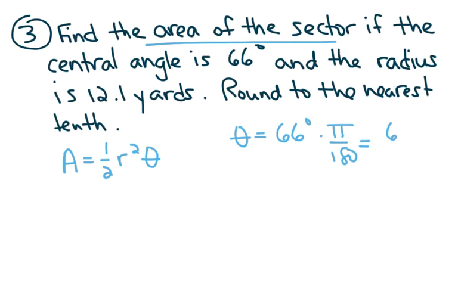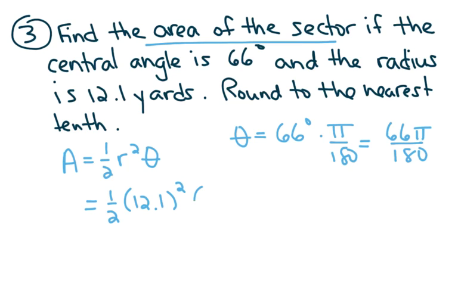Here's the thing. You actually don't need to reduce it before you plug it in the formula. If you want to reduce it, you can. But the calculator actually ends up reducing it and giving you the correct answer. So if you just leave it as 66 pi over 180, then you'll be fine. The one thing I want to remind you is don't forget to square the radius.